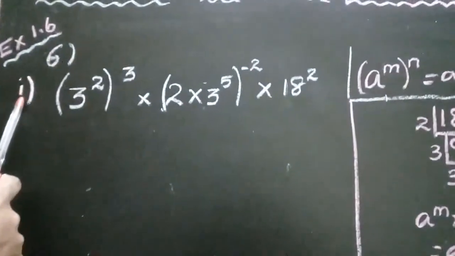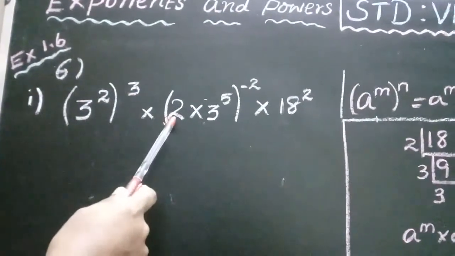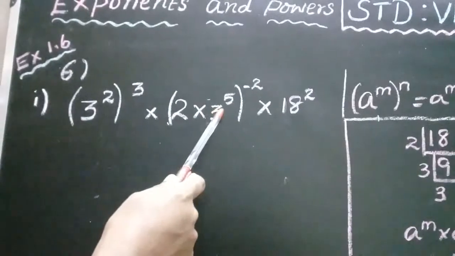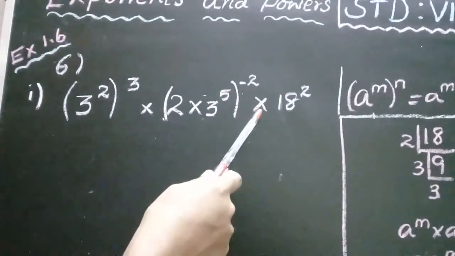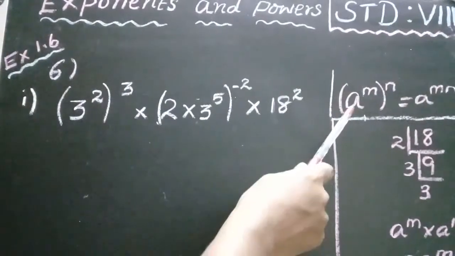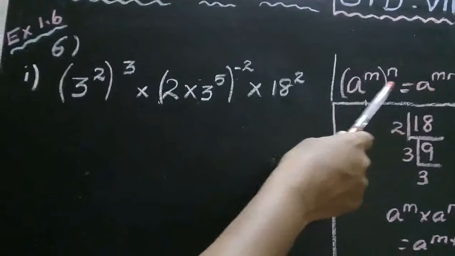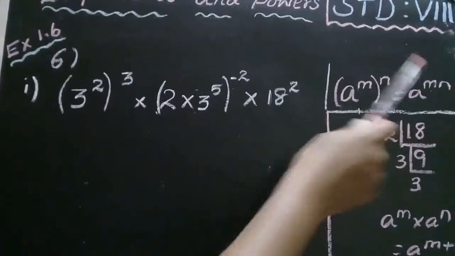Sixth question, the first one: 3 power 2 the whole power 3, 2 into 3 power 5 the whole power minus 2 into 18 power 2. Here we use the formula a power m the whole power n equals a power the product of m into n.